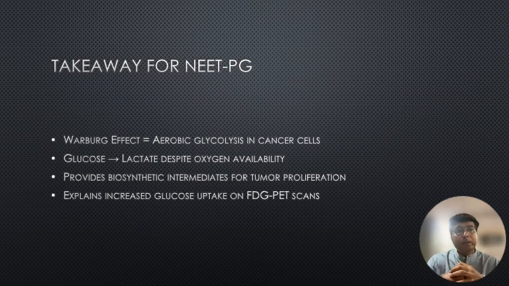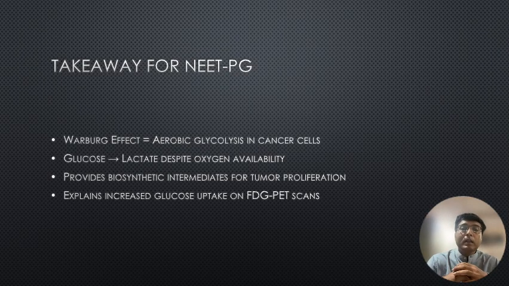So here are the takeaways. Warburg effect means aerobic glycolysis in cancer cells. Glucose is converted to lactate despite the oxygen availability. This is the catch. This is in contrast to the exercising muscle, where the glycolysis switches to anaerobic glycolysis due to the low oxygen condition.